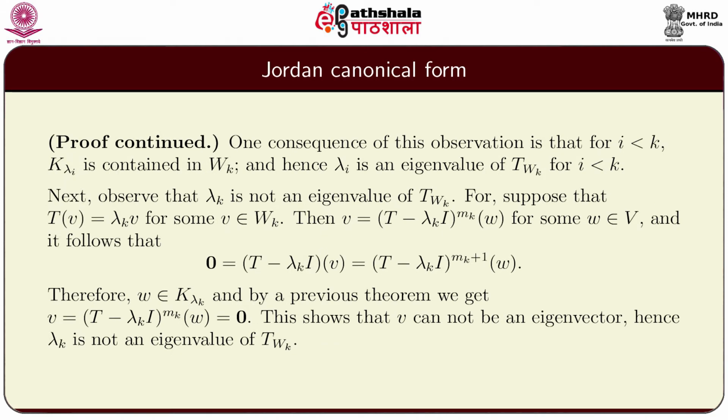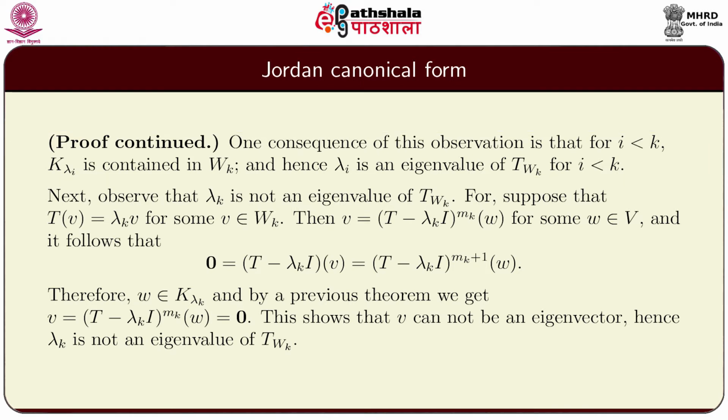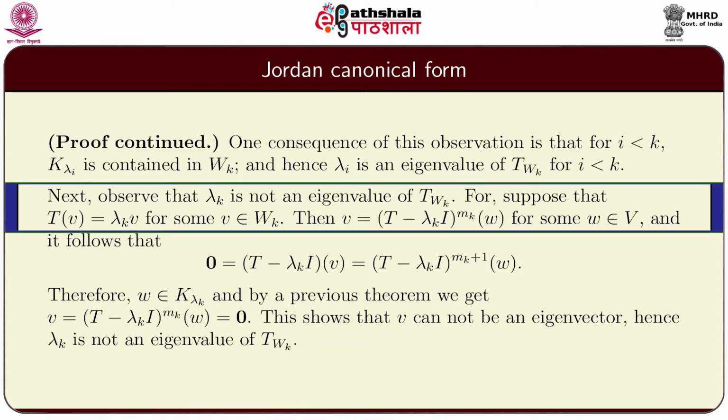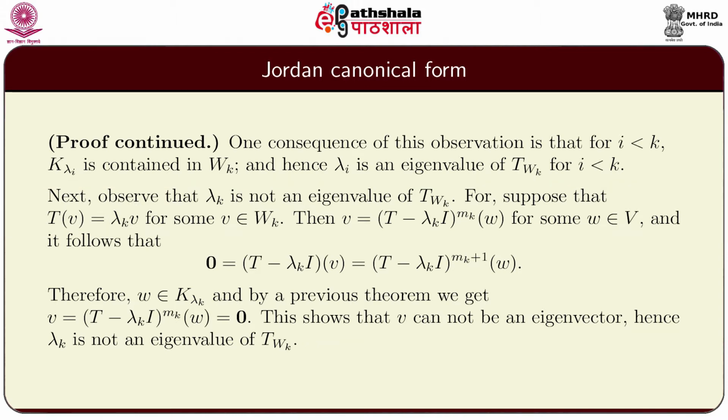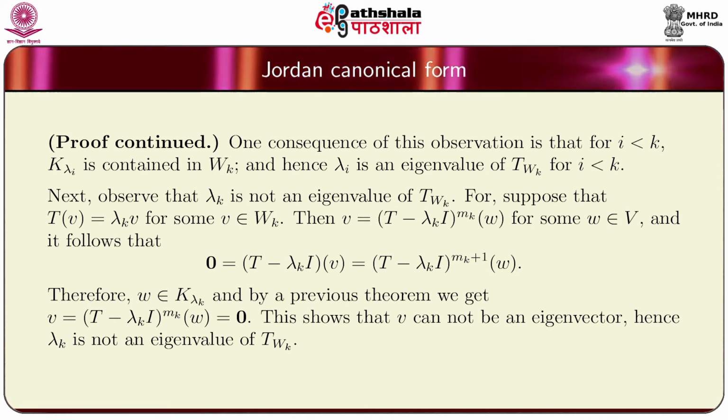One consequence of this observation is that for i less than k, K lambda i is contained in Wk, and hence lambda i is an eigenvalue of T restricted to Wk for i less than k. Next, observe that lambda k is not an eigenvalue of T restricted to Wk. For suppose that Tv is the same as lambda k v for some v in Wk.